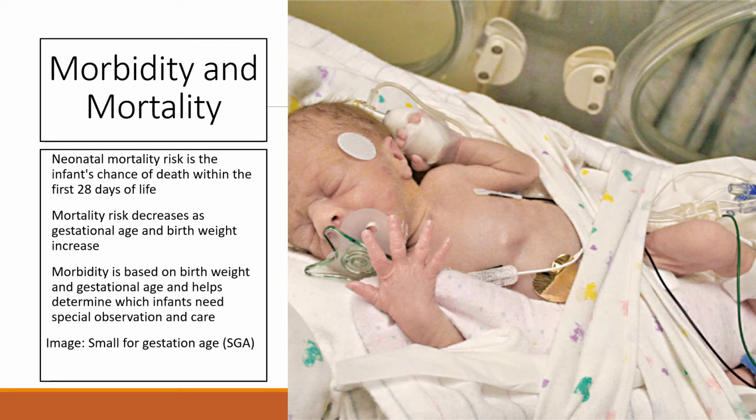There's ear cartilage on the baby, which speaks to their advanced gestational age, and then the fact that they have very little lanugo over the trunk and other areas of the body. So they are small for gestational age. And these are the things that you want to be mindful of when you're doing your newborn assessment.